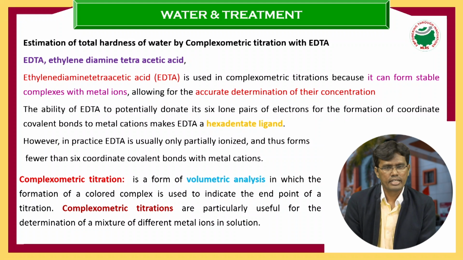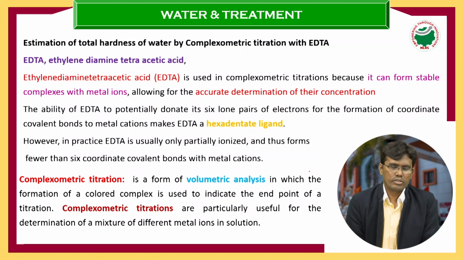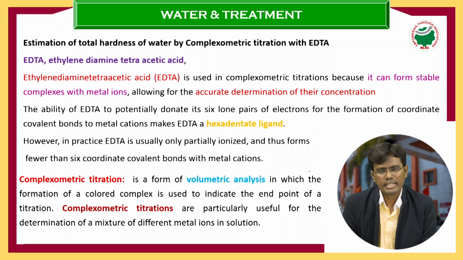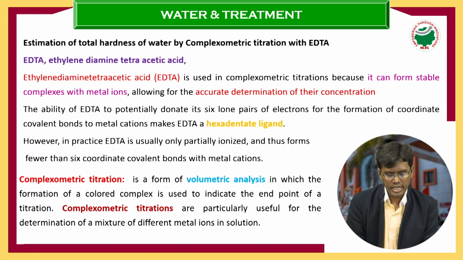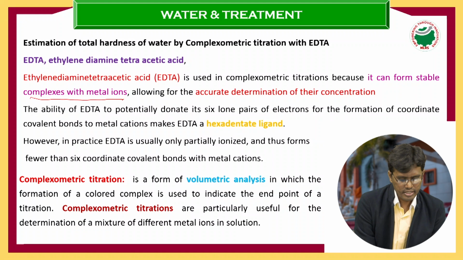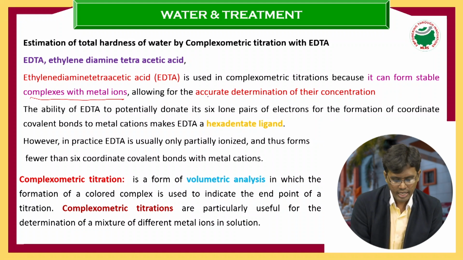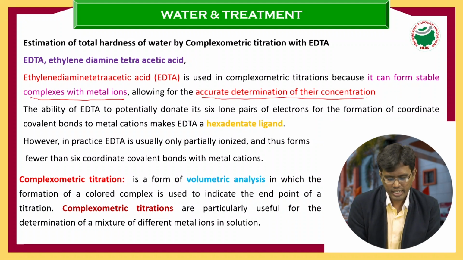Among them, complexometric titration is the most significant, and it plays a significant role in the determination of chemicals. In complexometric titration, EDTA plays a significant role because it can form stable complexes with metal ions and allows accurate determination of their concentration.